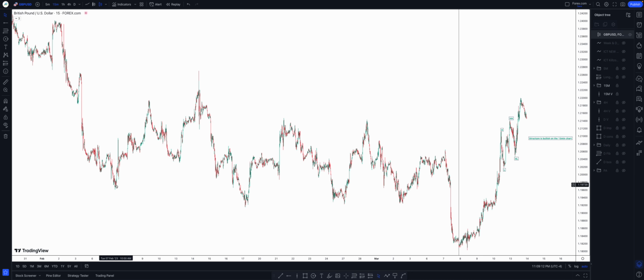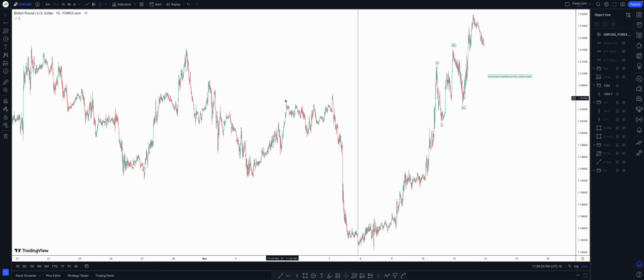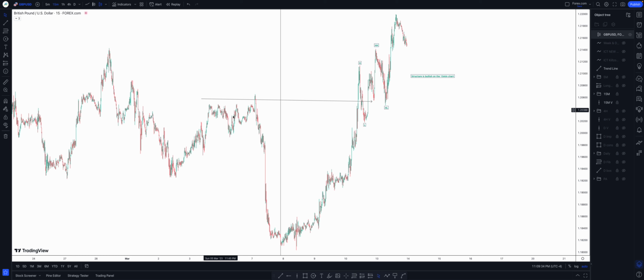This is clearly bearish because new lows get created and the market respects the lower highs. It doesn't go above these lower highs, so the market's creating lower highs and lower lows. And from this point onwards, we've broken above this high. So this is our break of structure.